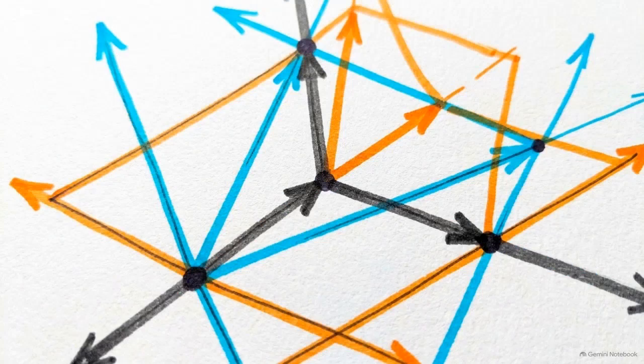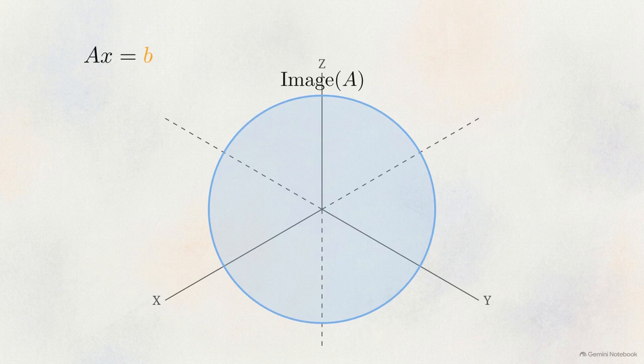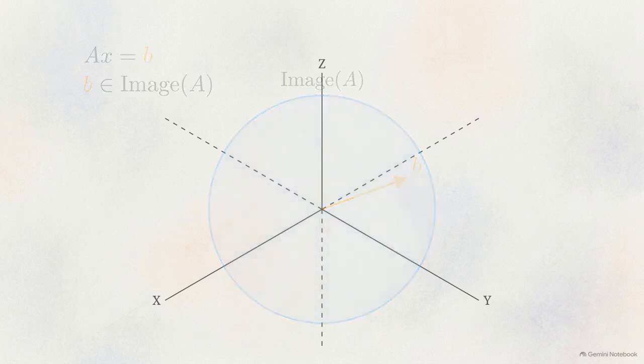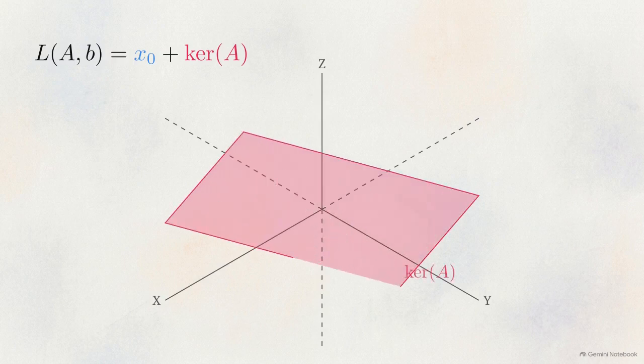We can apply the extracted image and kernel to define the geometric structure of an inhomogeneous system, where Ax equals a non-zero vector b. A solution for x exists if the vector b is an element of the image of A. When this condition is met, the total solution set, the solution set of Ax = b, equals a specific solution vector, x0, plus the kernel of A. Here, in a 3D coordinate system, a plane representing the kernel passes through the origin.